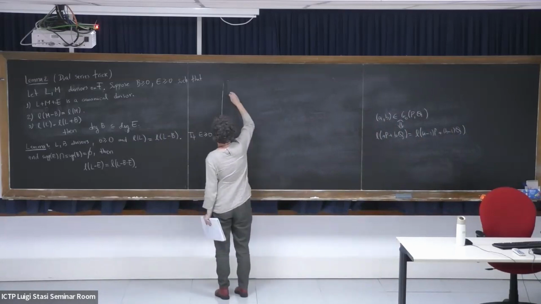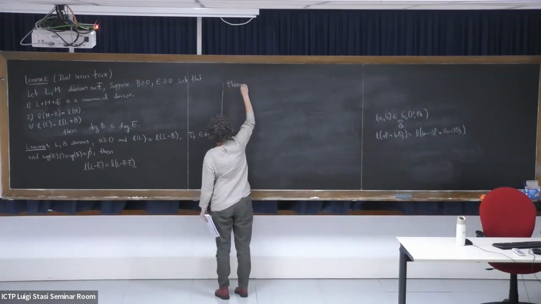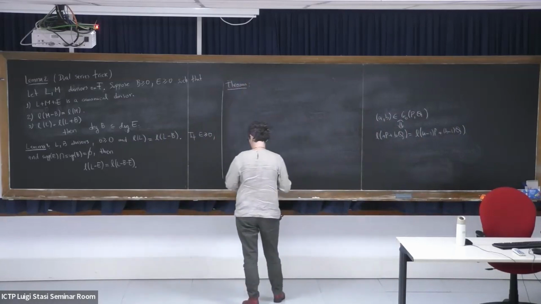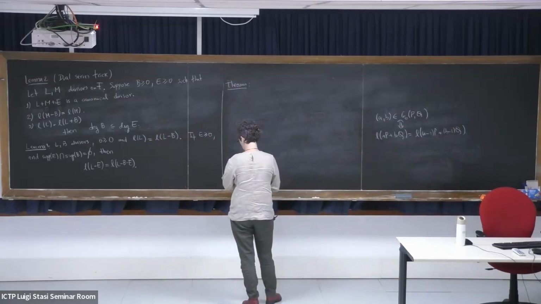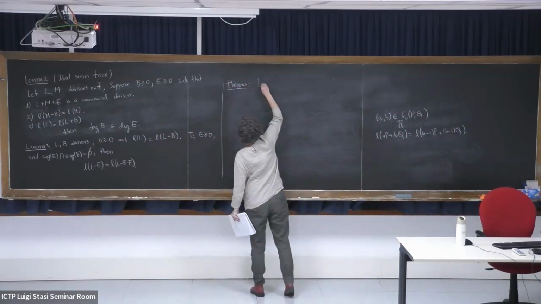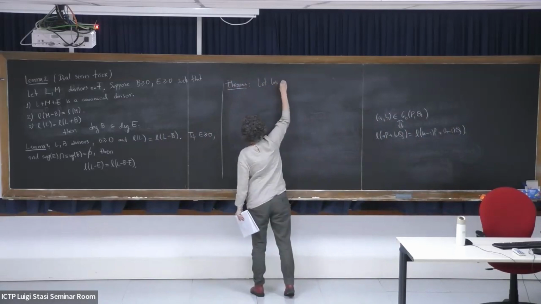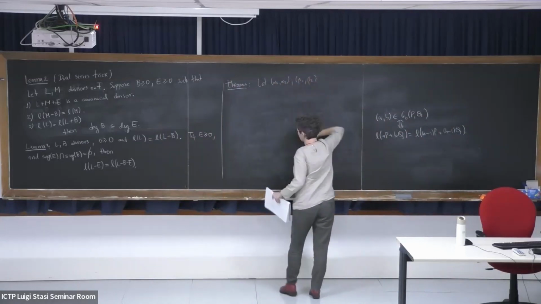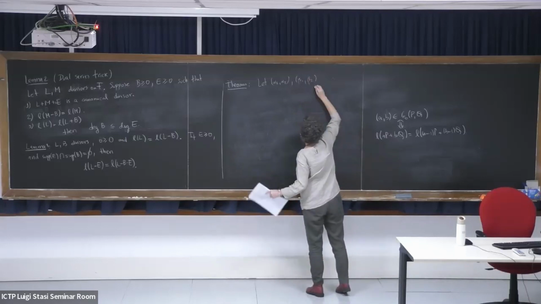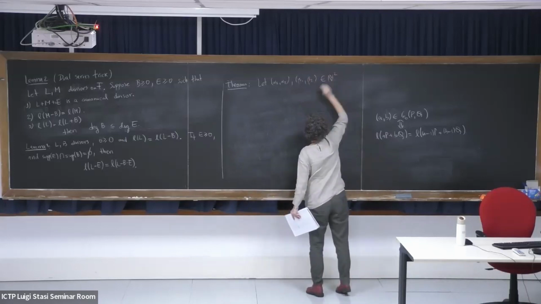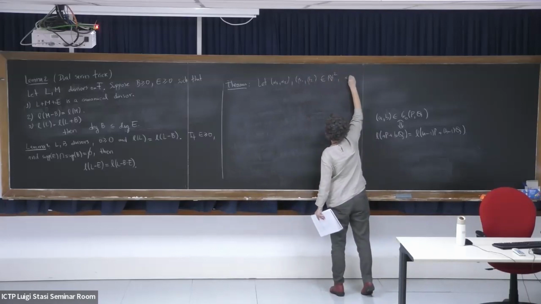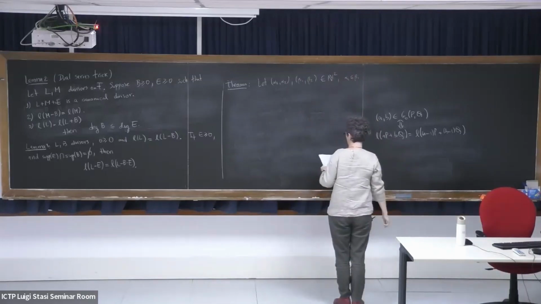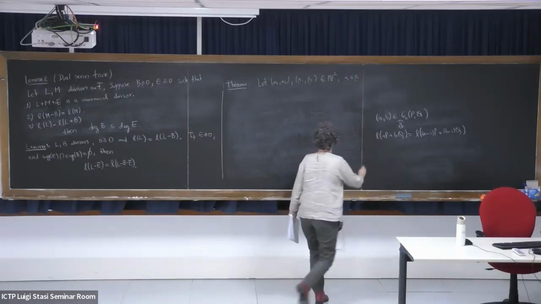So the theorem is the following. Let alpha 1, alpha 2, beta 1, beta 2 be such that alpha i is smaller than beta i, for i equal to 1 and 2.